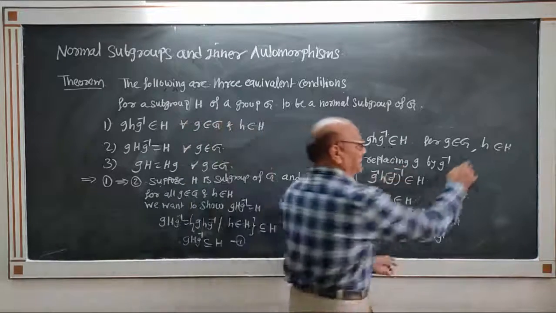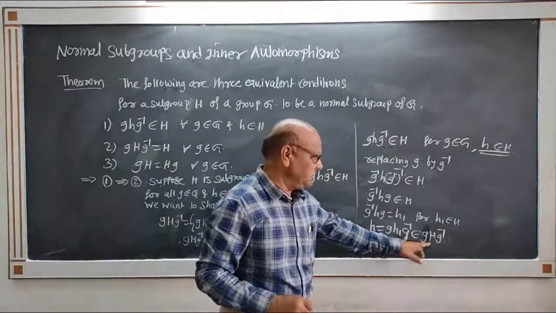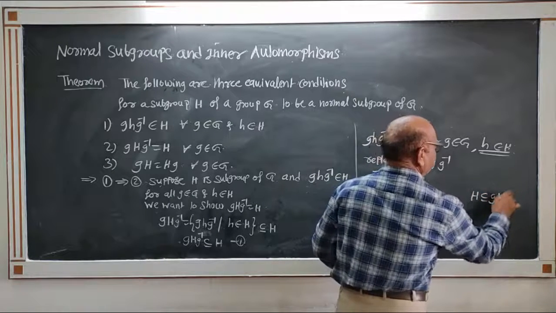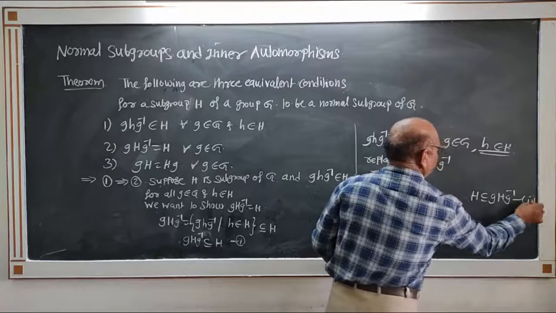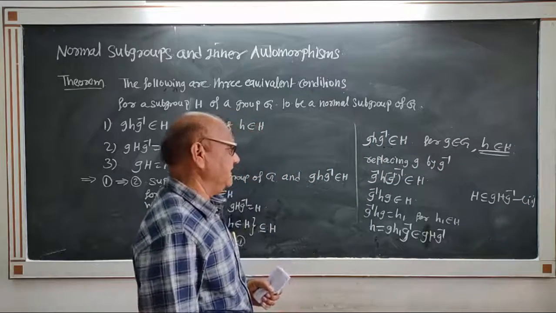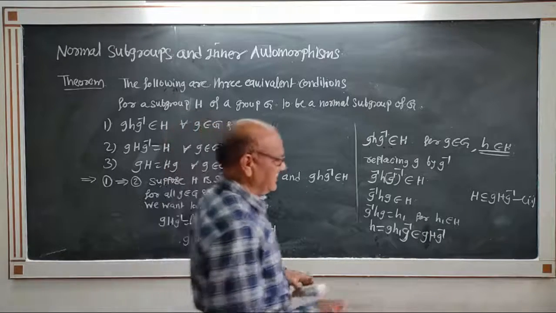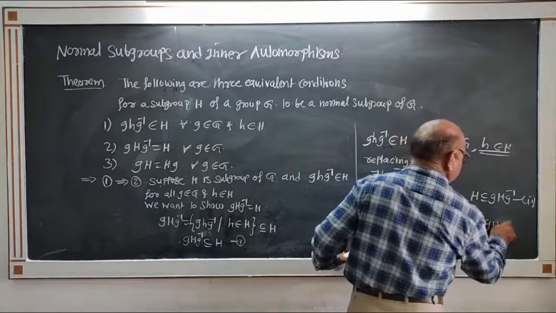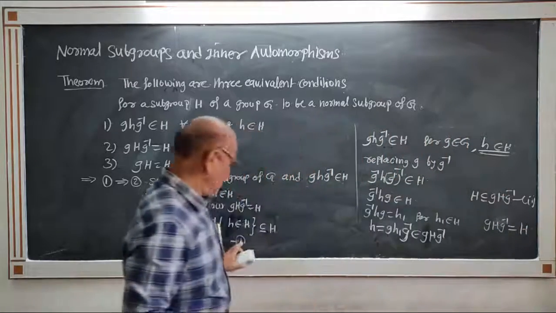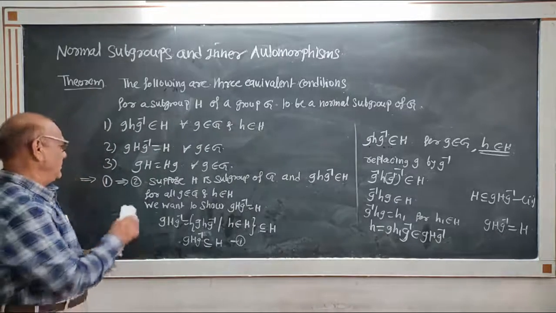Now here h belongs to H and we showed h belongs to g H g inverse. That means H is a subset of g H g inverse, number 2, and from first and second we get g H g inverse is equal to H.